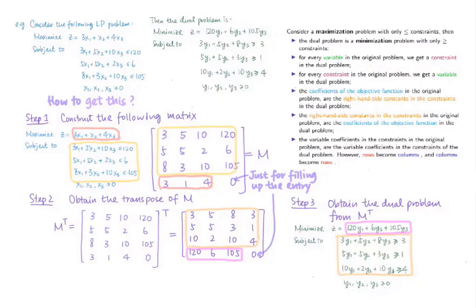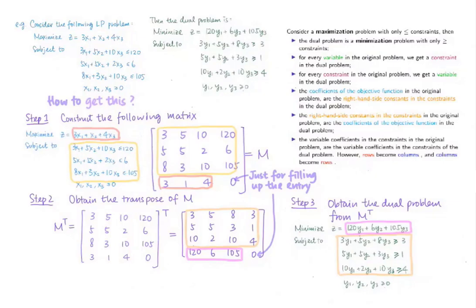First, we construct a matrix with entries that can be obtained from the original problem. We first refer to the constraint inequalities from the original problem. We use the coefficients and the right-hand side value of each of these three constraints to fill up the first three rows of the matrix.